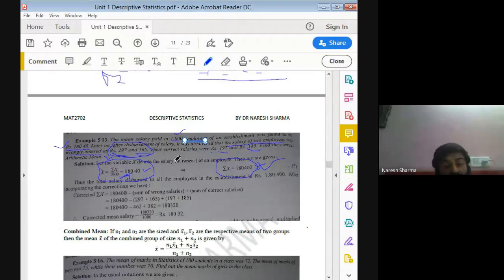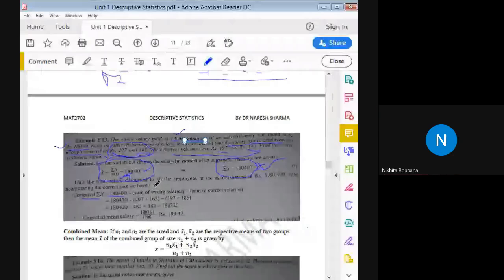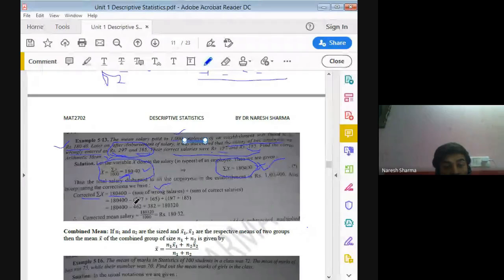If we subtract the wrong entries from this, we get the total sum for 998 employees. But if we add the correct entries, that are given to us, 197 and 185, we again get the total sum for 1000 employees. So we do that. The correct sum is the total sum already calculated, minus the wrong entries, that is 297 and 165. So we just subtract the wrong entries and add the correct ones.